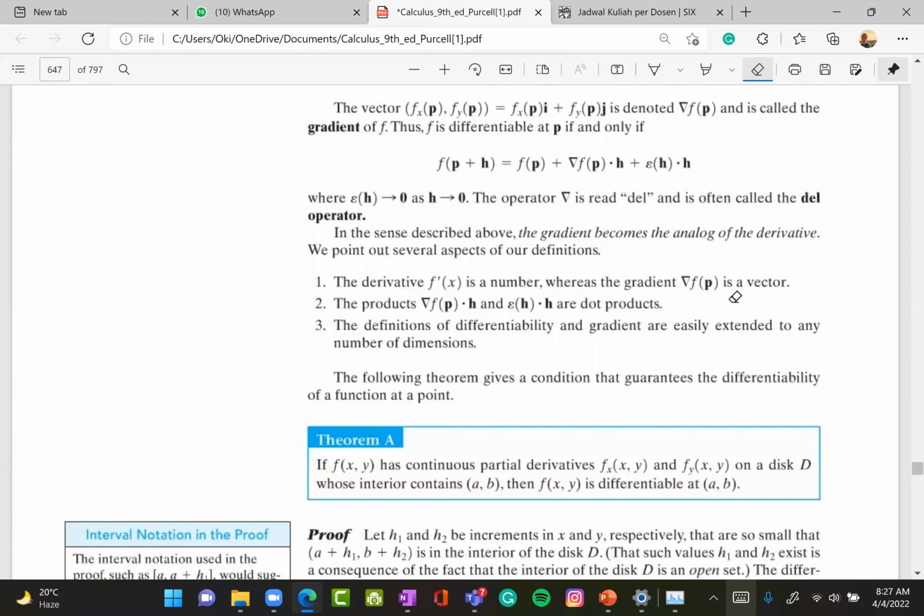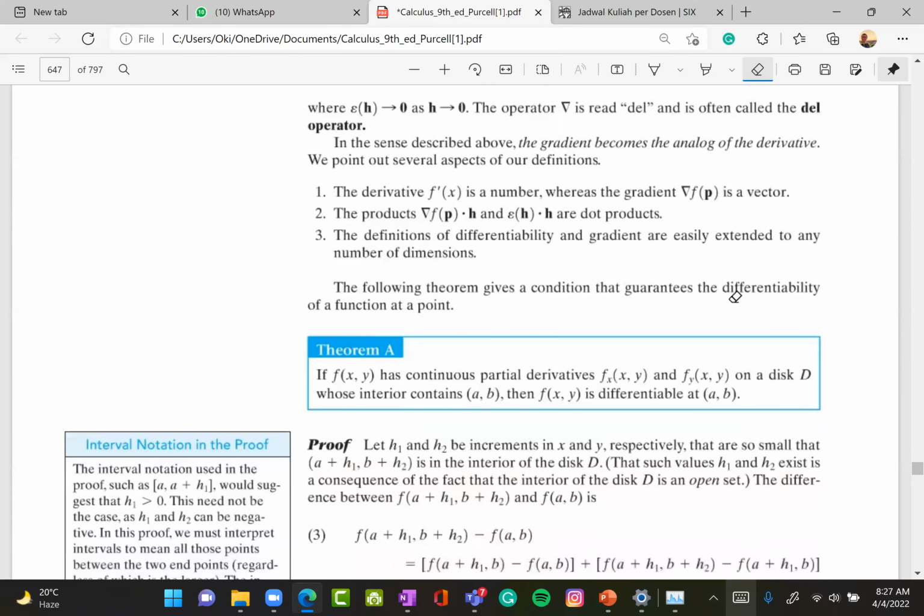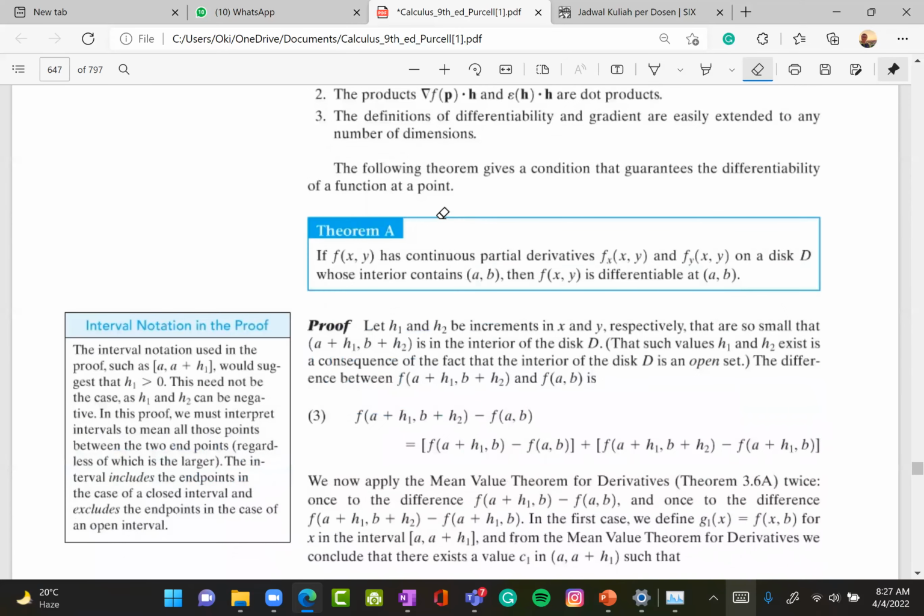So this is a rather complicated definition actually. But we only use this thing here: if f has continuous partial derivatives f sub x, f sub y on a disk containing the point, then f is differentiable. So this is the important thing.